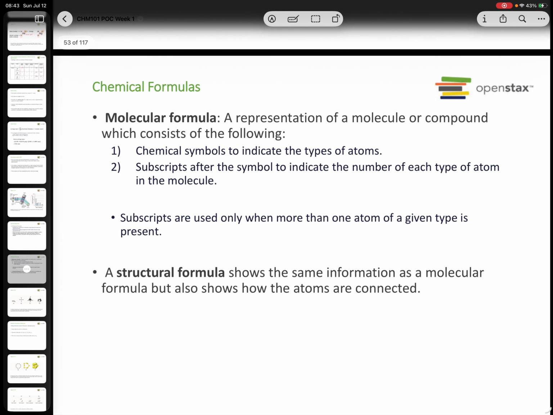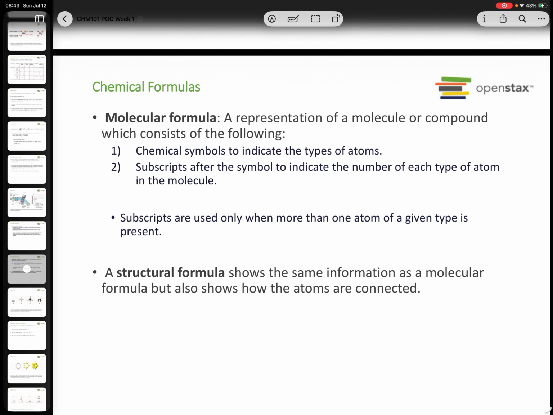So a molecular formula tells us the types and numbers of atoms in a molecule or compound. It uses chemical symbols for the elements and subscripts to show how many atoms of each type are present in that compound or molecule.